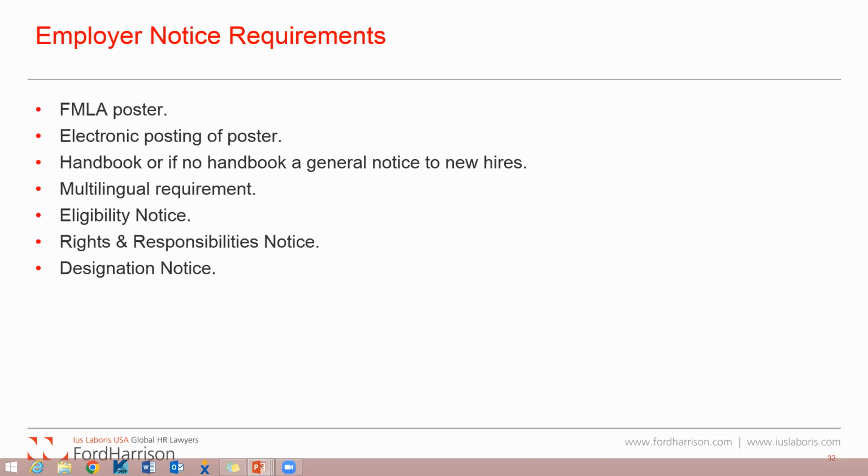You should want to have a handbook, but if you don't have a handbook, you want to be sure to provide a general notice to new hires of their FMLA rights. In my opinion, it's best to have both. It's best to have a handbook that covers this, and then also provide a general notice to your new hires. You want to make sure that it's multilingual so that everyone can understand it. And you want to make sure that the eligibility notice informs the employee of the rights and responsibilities that they have under the FMLA.